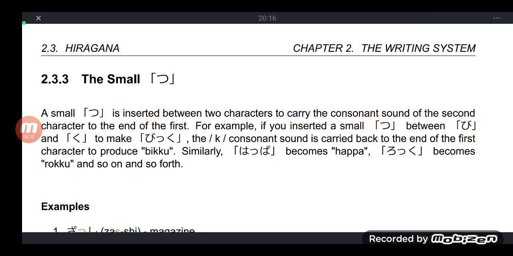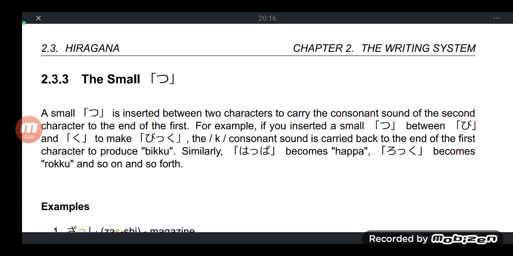So what happens when that k in that ku becomes doubled? We place the small tsu in between the bi and the ku, and now it's not anymore bikuri, but rather there's a stress sound or clipping sound.